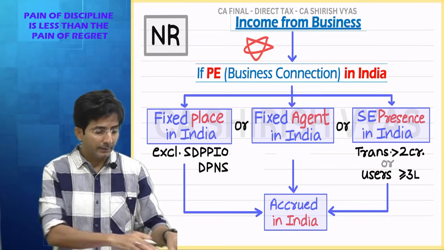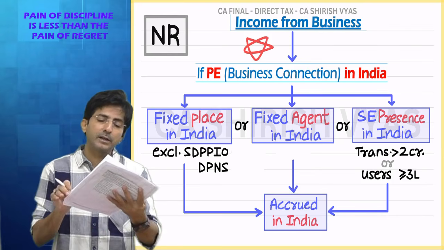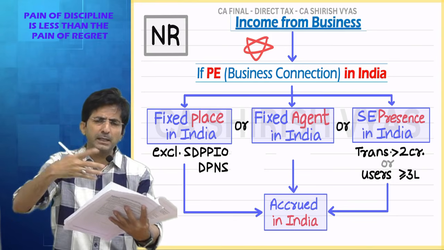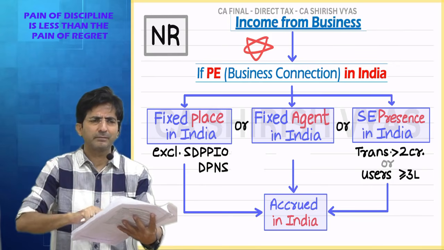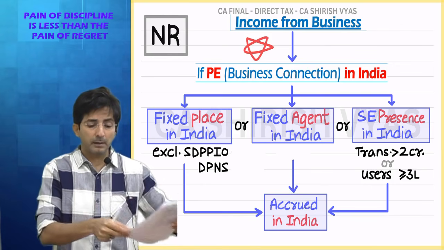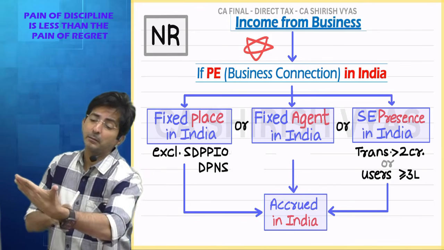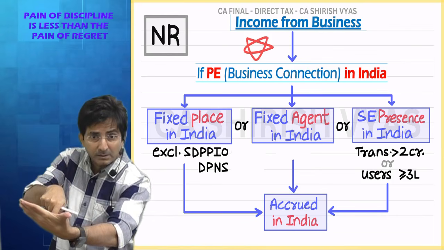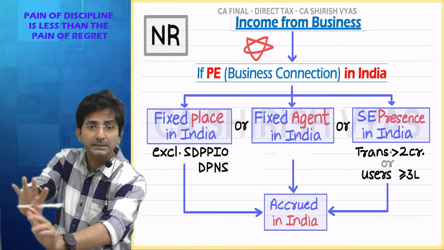Whereas if you see the DTAA, the double taxation avoidance agreement says that for Singaporean people, any place of display in India is no PE. This is DTAA. But the Bare Act says, Singaporean, if you have a place of displaying rough diamonds, then only you are exempted.